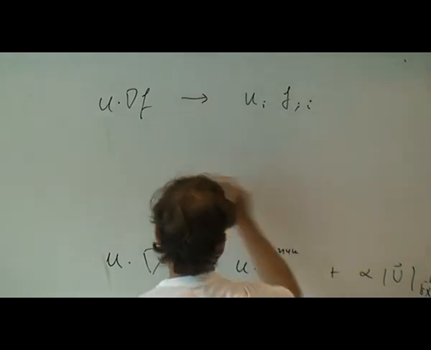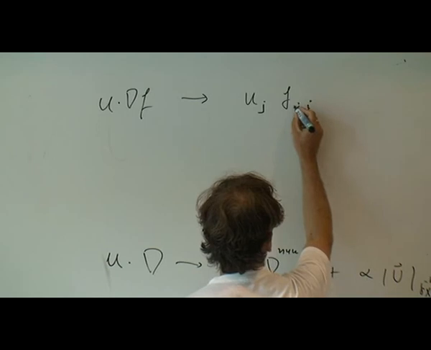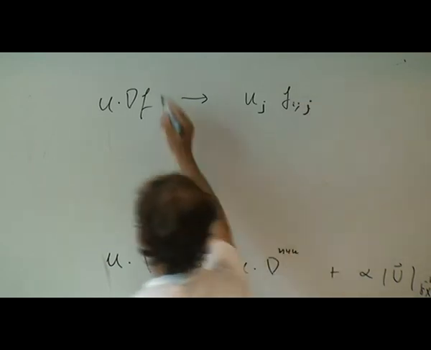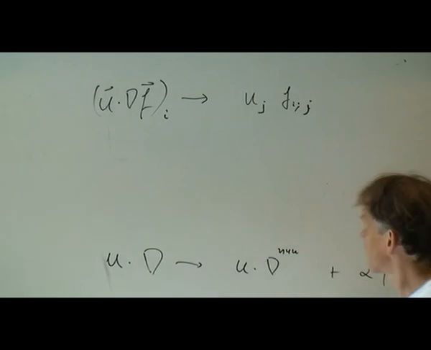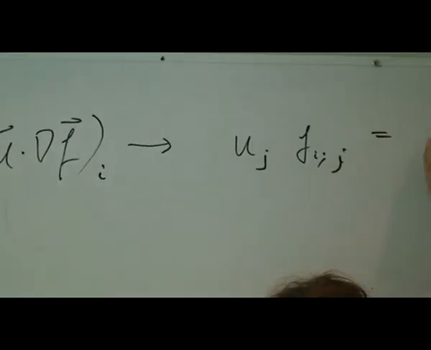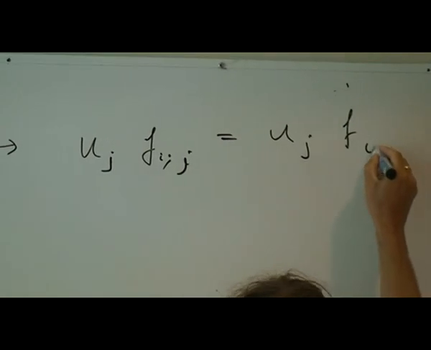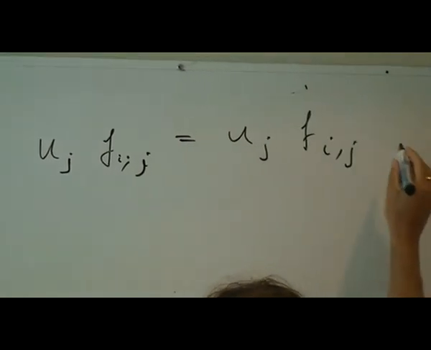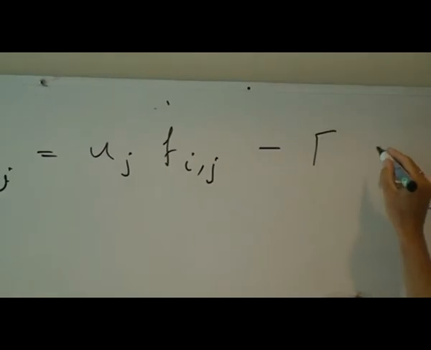And if this is a vector, then let me write this in a different way. Let me write j, and i. And that's the i component of this whole thing. So we're supposed to distinguish i, semicolon, and j, right? And that is equal to this times fi comma j minus. And everybody know this now?